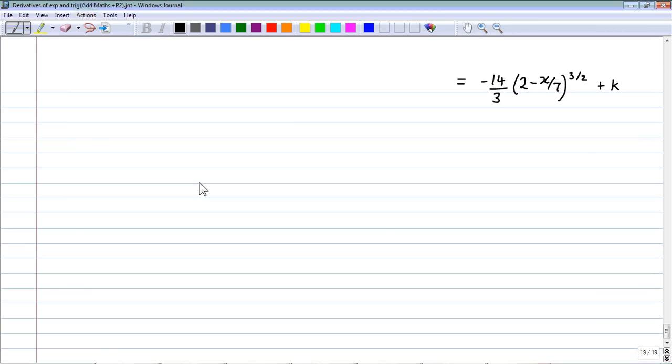Okay, let's try maybe one more. Integral cosec 3x over 2 cot 3x over 2 dx. And I'll evaluate this between limits pi over 4 and pi over 3. Obviously this is a bit more difficult.